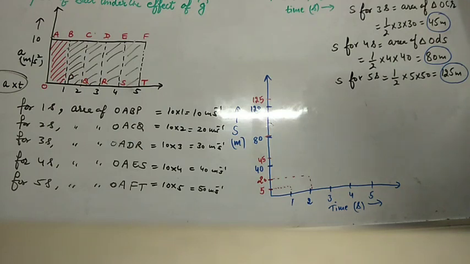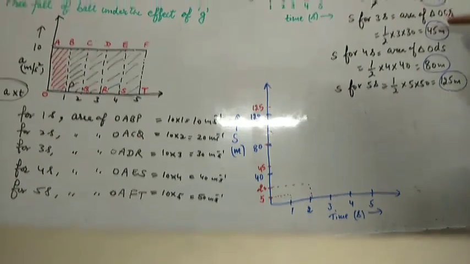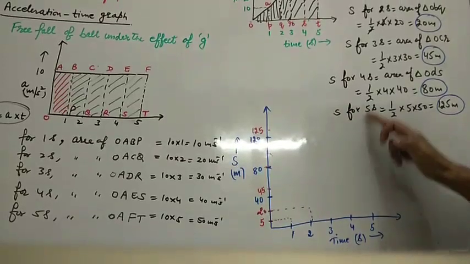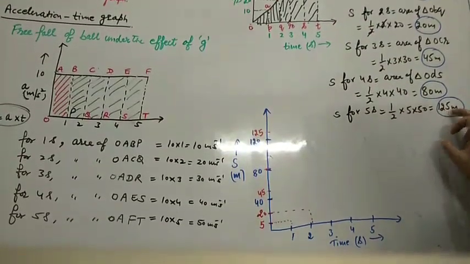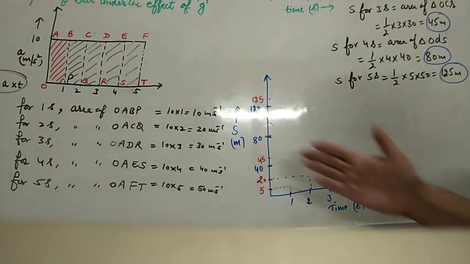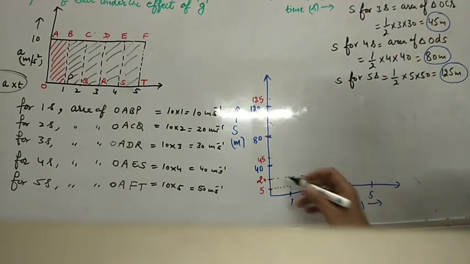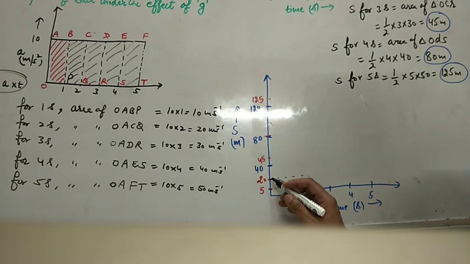As we have got, displacement for 1 second is 5 meter, for 2 seconds it is 20 meter, for 3 seconds 45 meter, 4 seconds 80 meter, and the last interval 5 seconds, that is 125 meter. So I can easily draw the displacement time graph. For the first second the displacement is 5 meter here. For 2 seconds displacement is 20 meter.